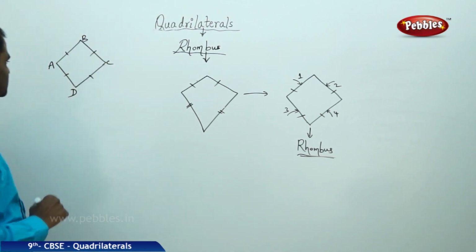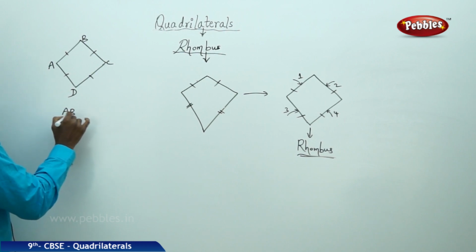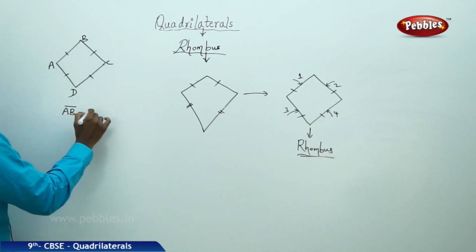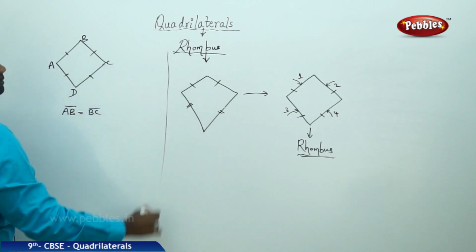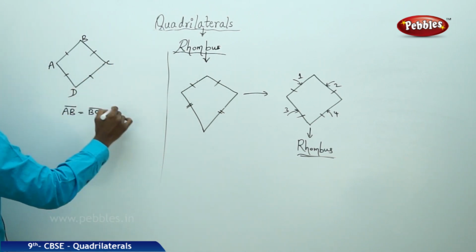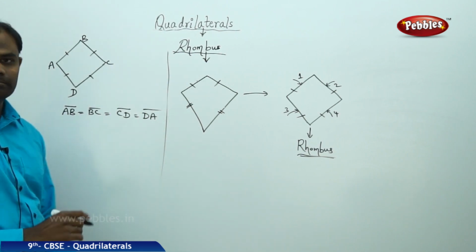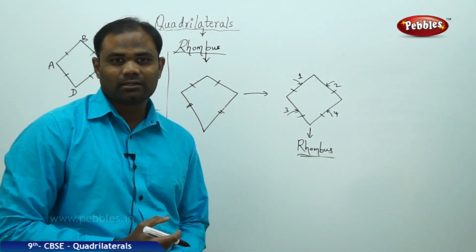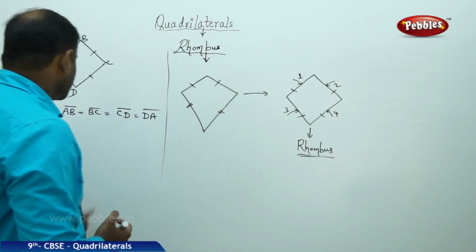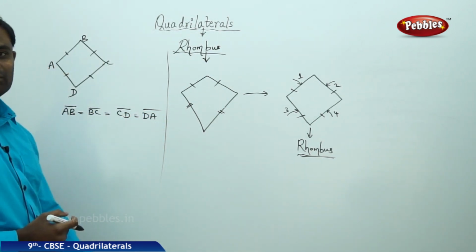So I see that in this case my side AB equals side BC equals side CD equals side DA. This is how I get my rhombus whose sides are equal.